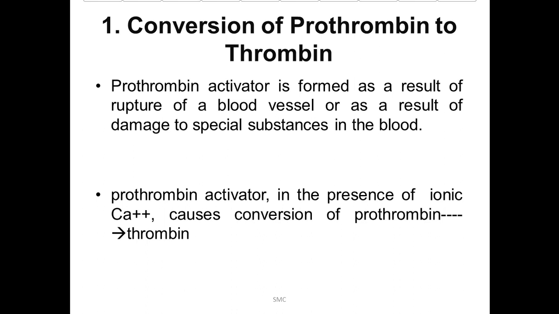So first of all, conversion of prothrombin to thrombin. Prothrombin activator is formed as a result of rupture of a blood vessel or as a result of damage to special substances in the blood. Prothrombin activator in the presence of ionic calcium causes conversion of prothrombin to thrombin.